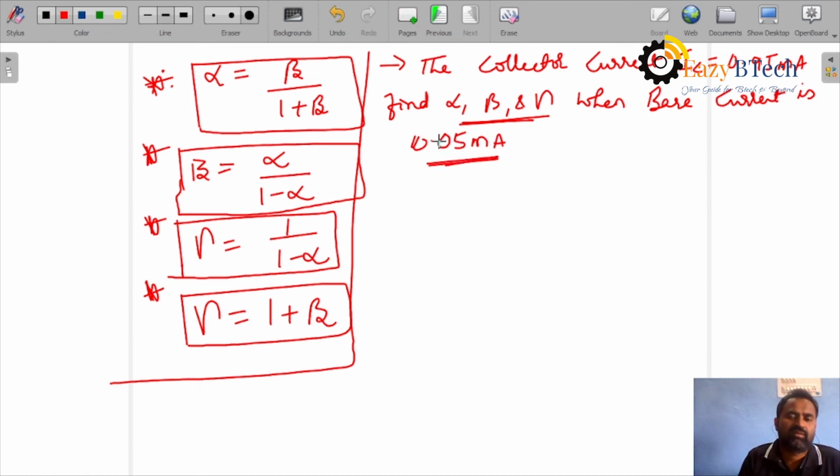These are the formulas I have given. Now you have to find all of these.